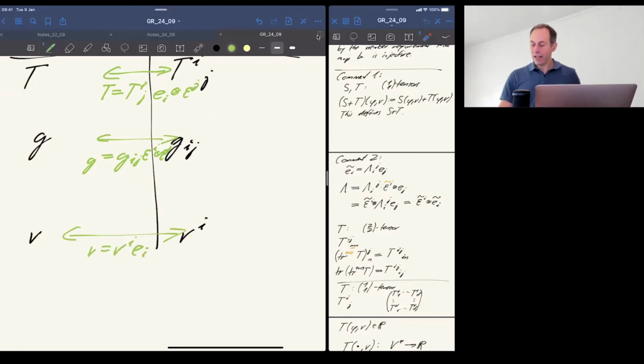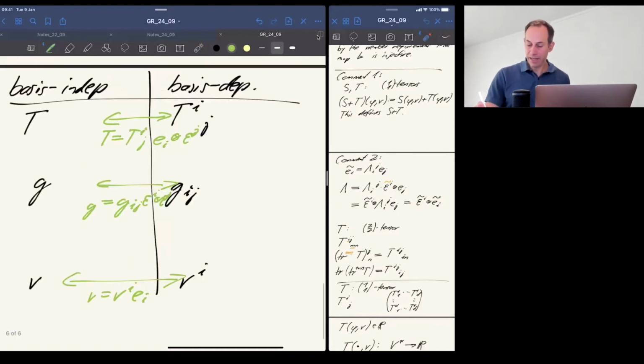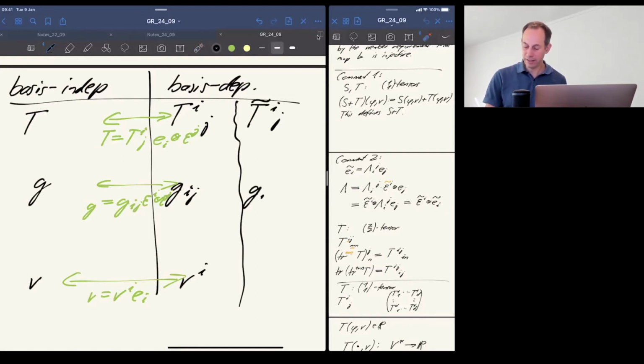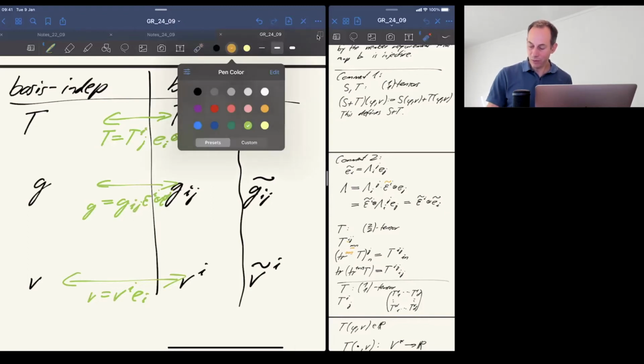Because the right-hand side is basis dependent, there will, depending on the basis, be different ways to represent it. So I could also have T tilde, G tilde and V tilde, and they are related in exactly the same way to the left-hand side.